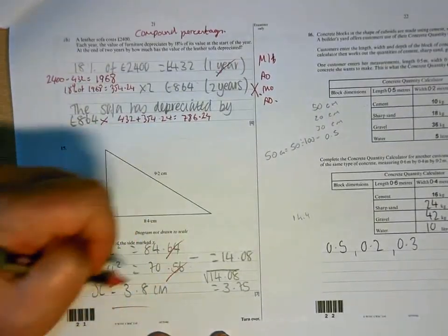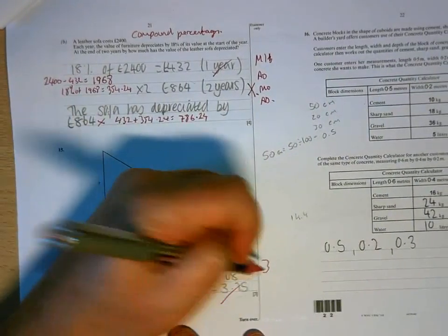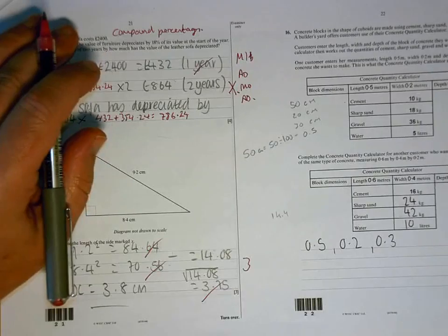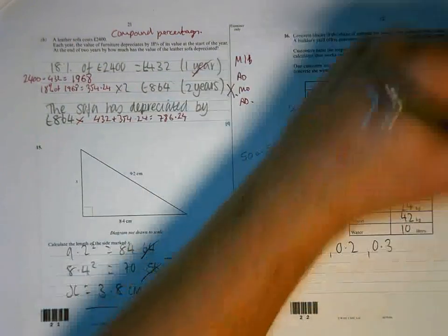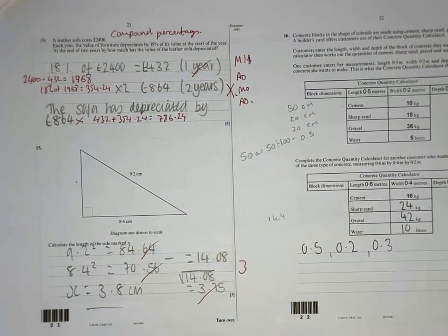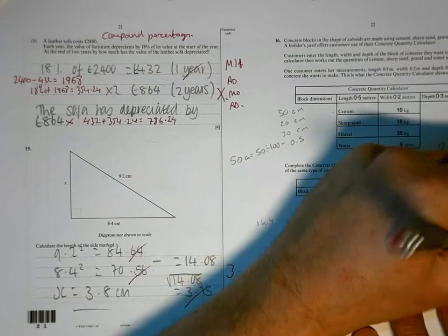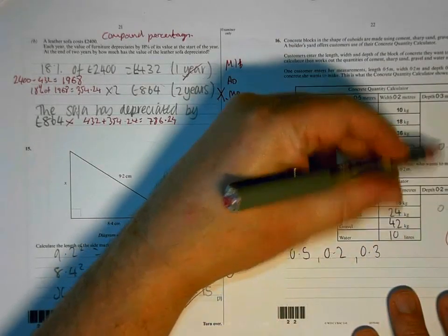This is good, impressive, well done, full marks for that. And for this one, that is right, but it's not the difference. You want to see how many times bigger it is.